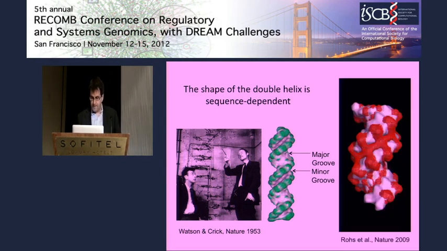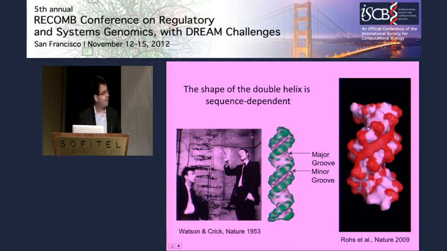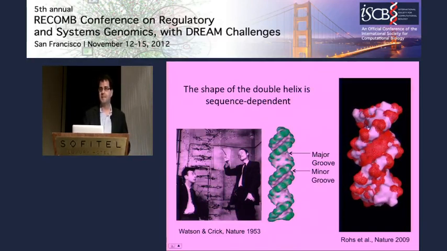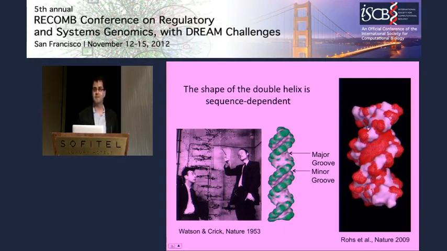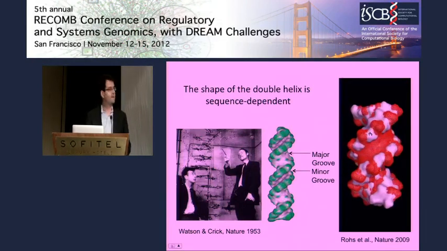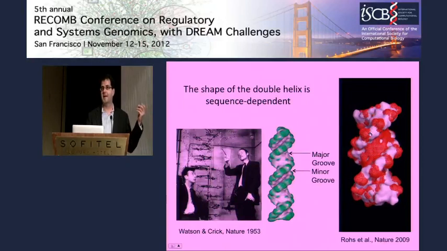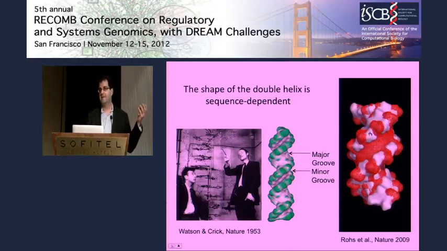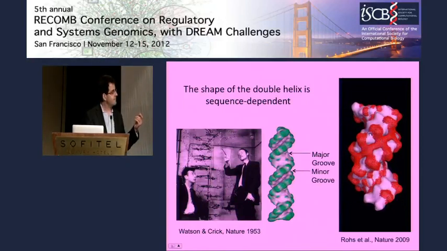I want to show you this movie here, a short movie. The red mesh that I added here to the double helix is an isopotential surface of -5 kT. And even though the chemistry of the double helix does not change, the shape changes like a clay model, and you can see that it affects the electrostatic potential in the minor groove.